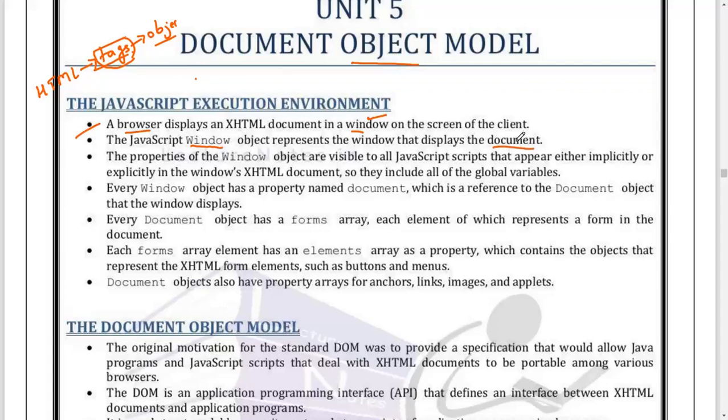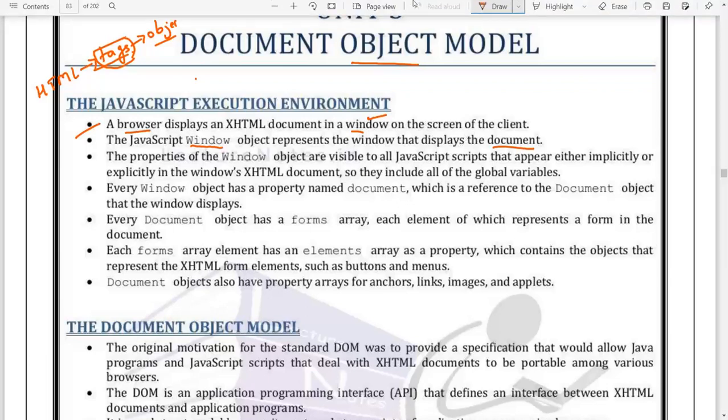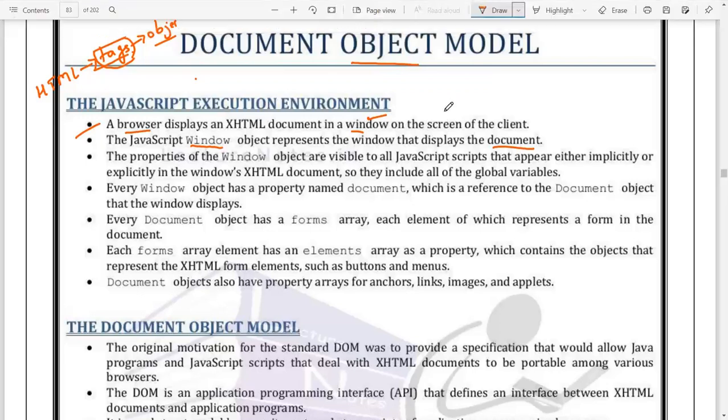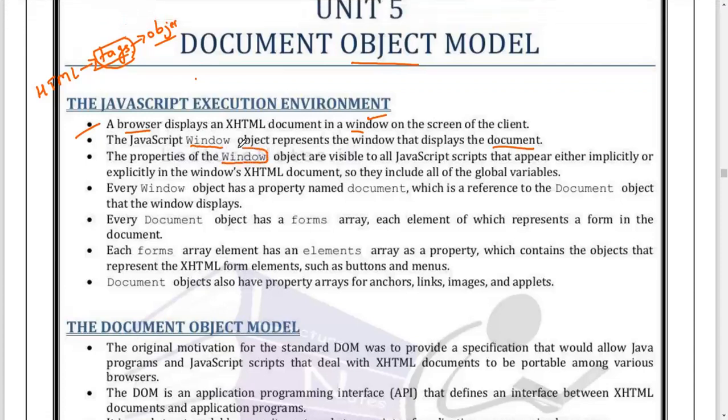Whatever documents you are going to display will be displayed on the window. So when it is displayed on the window, we create an object called the window object. This window object will have sub-objects like the document object, which will be used to display the content.